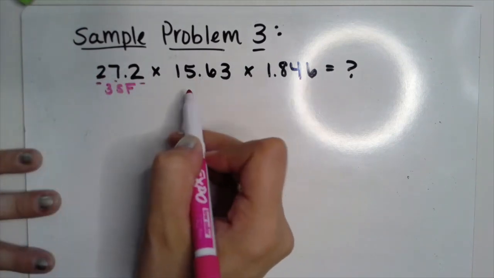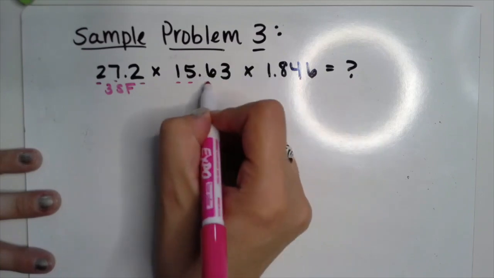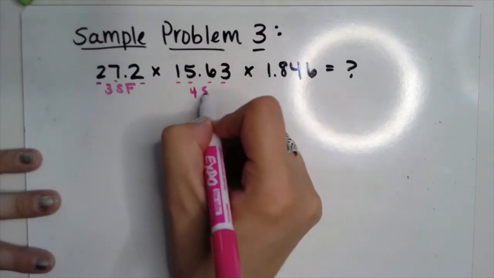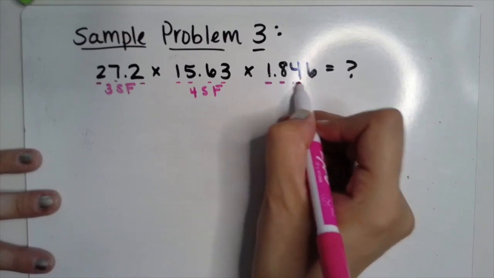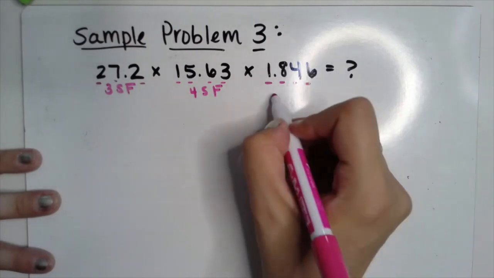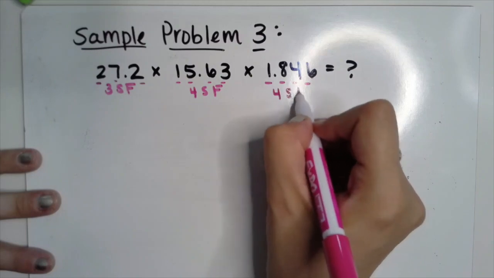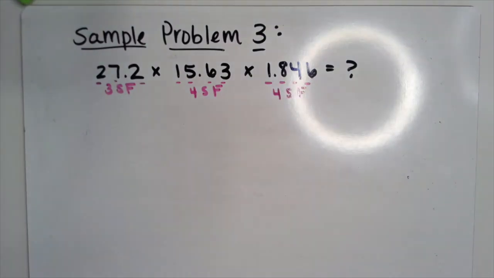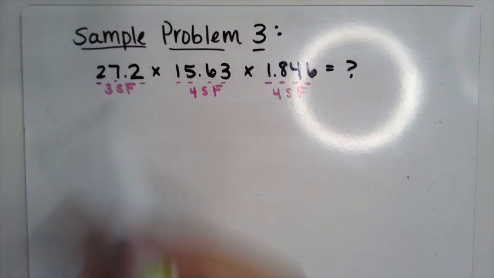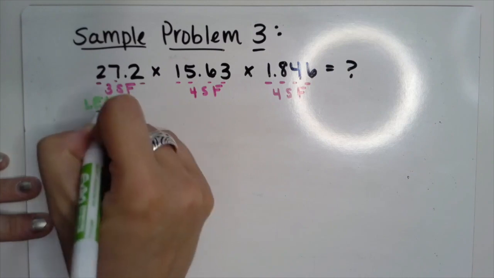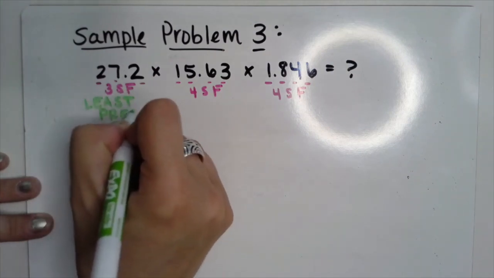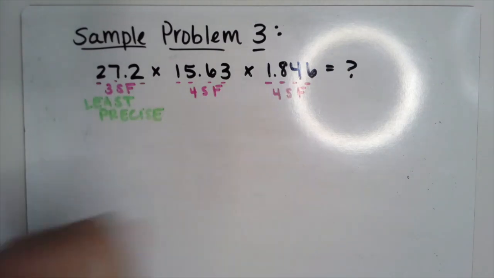This second value has 1, 2, 3, 4 significant figures. This value has 1, 2, 3, 4, and that's it. I almost counted beyond that. So your answer could only have the lower number of sig figs, which is 3. So that's how many I have to round my final answer to, is 3 significant figures.